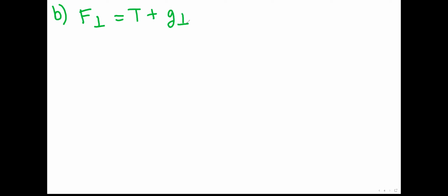And I will draw that out for you. So here we have this tension in the rope, and we have the gravity. This is the tension in the rope. And then we have our coordinate system. We have a vector parallel to the motion.